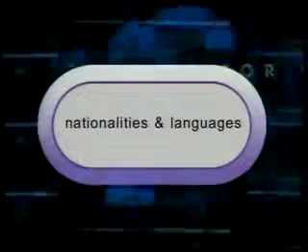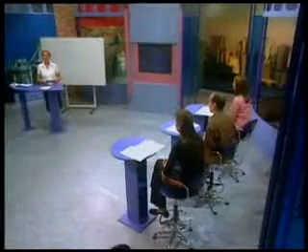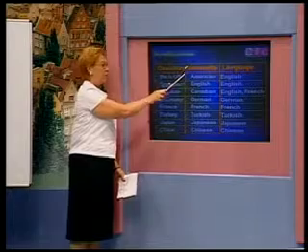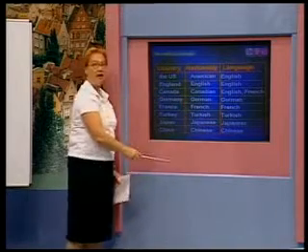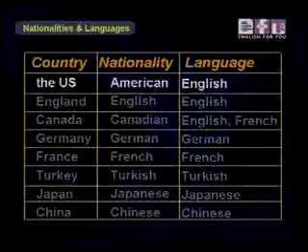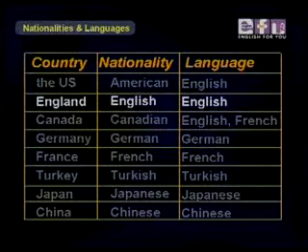Nationalities and languages. Now, here is more information. We saw the country, we saw the language, now nationality. So, the US, American, English is the language. England, English, and English.